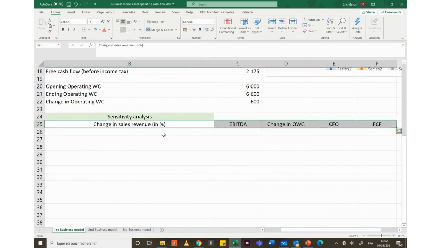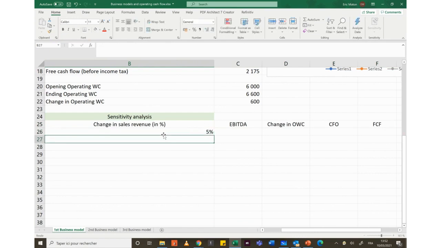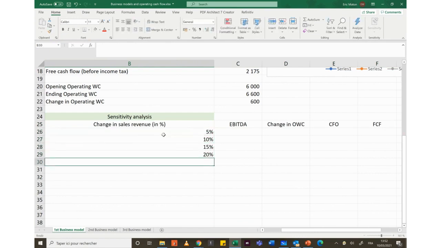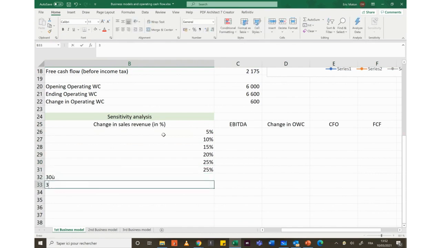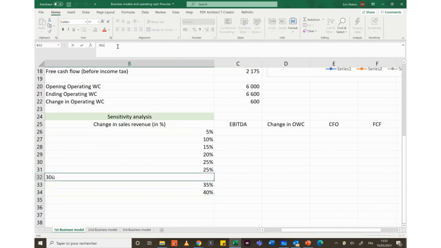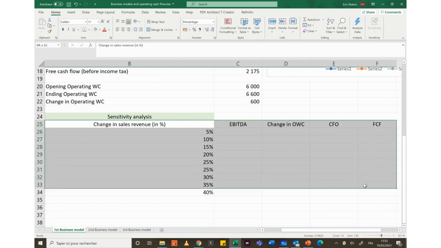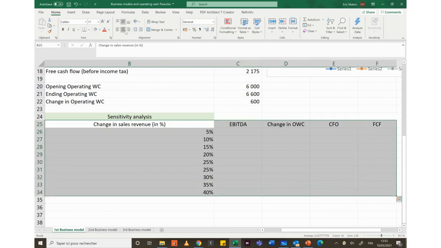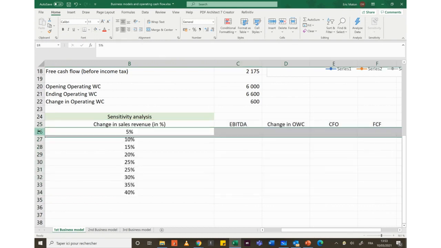I say we take the situations of 5%, 10%, 15%, 20%, 25%, 30%, 35%, and 40%. And I create the line with the information.